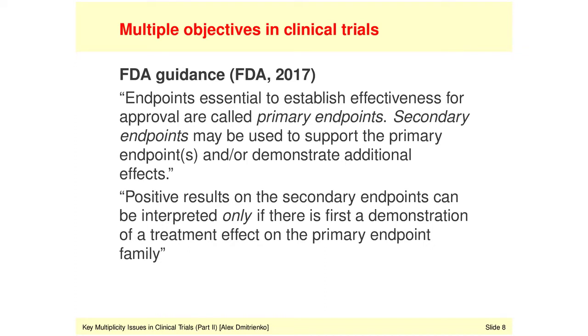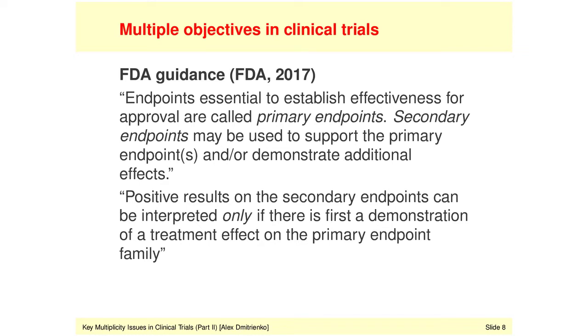For example, to settings where the primary objective may be formulated in terms of treatment effectiveness in the overall trial population, and the key secondary objective may be related to the treatment effect within a pre-specified subset of this population, which may be based on a certain biomarker.